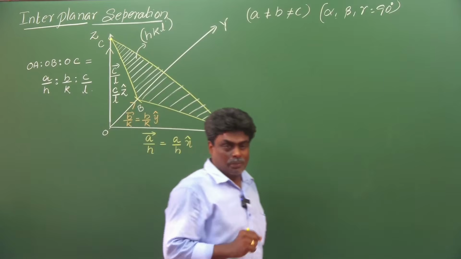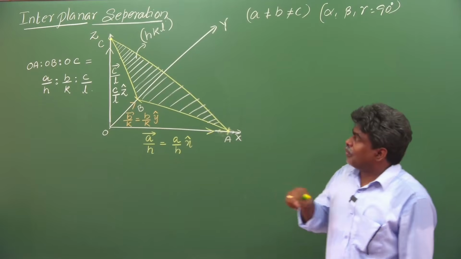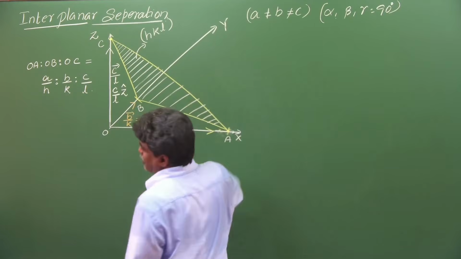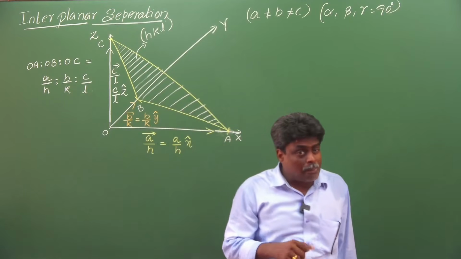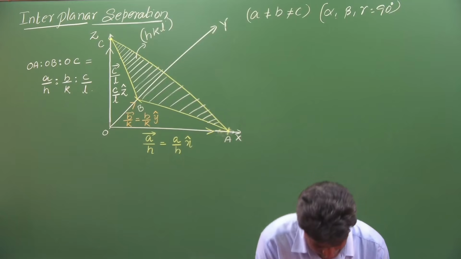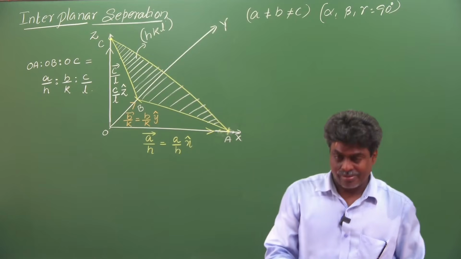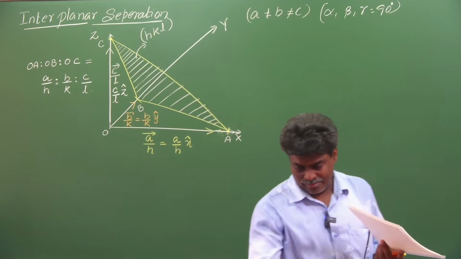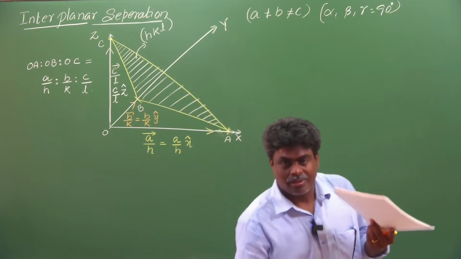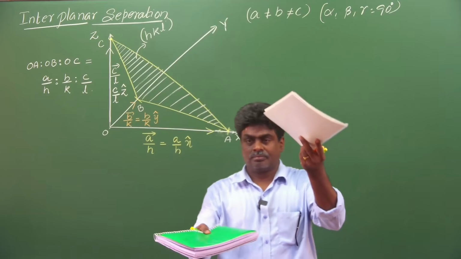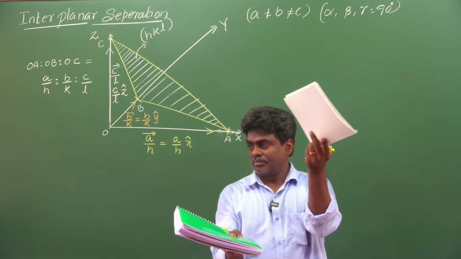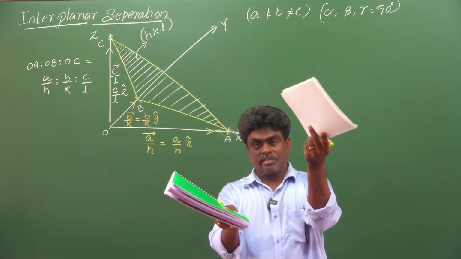Sir, why are you doing all these things? Just wait. What do you want? Interplanar separation. Interplanar separation means, just now you said, perpendicular distance. Am I right? Observe carefully. The two planes I have given like this.